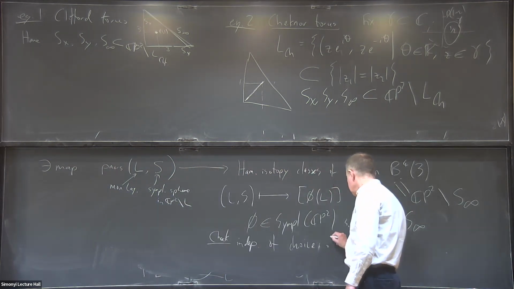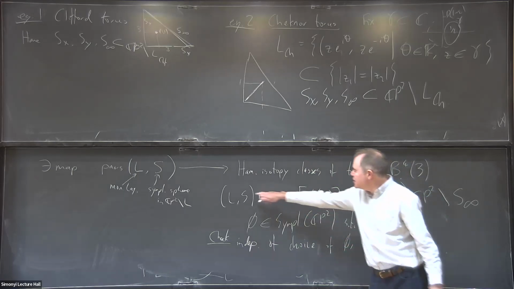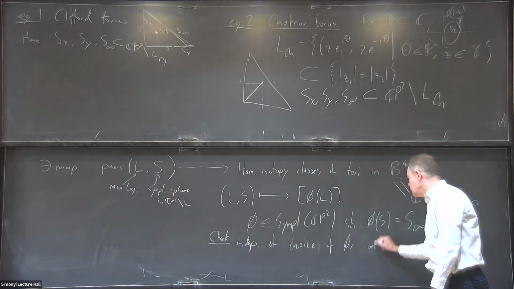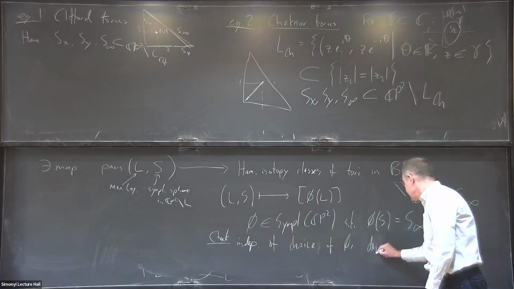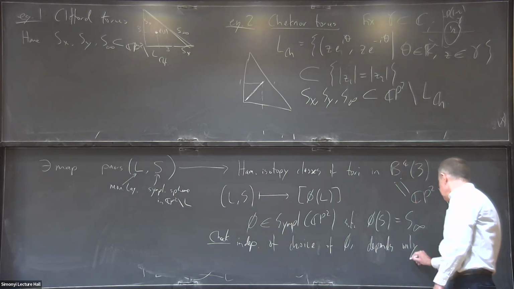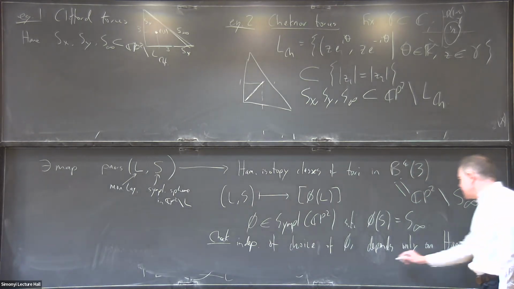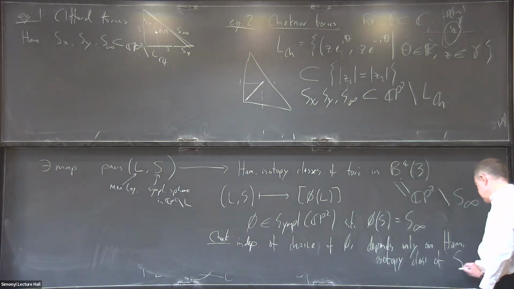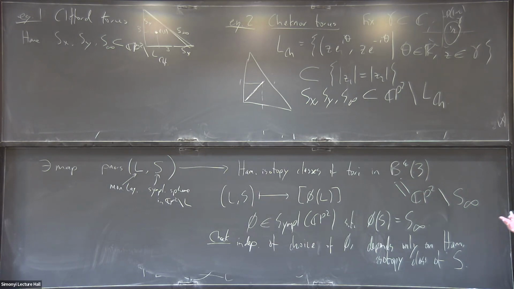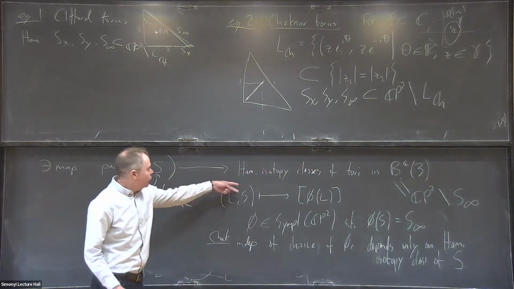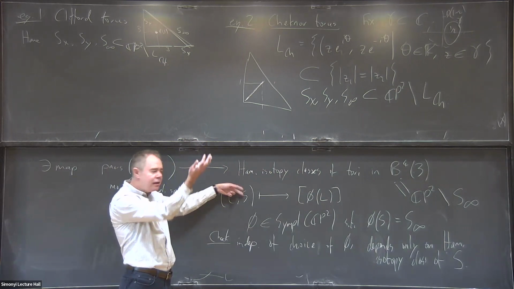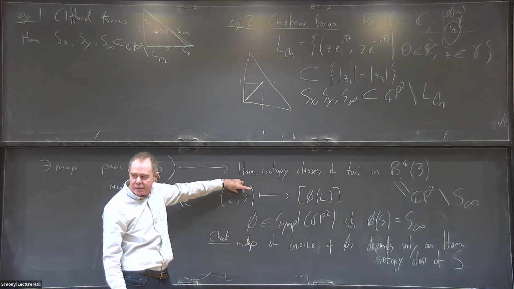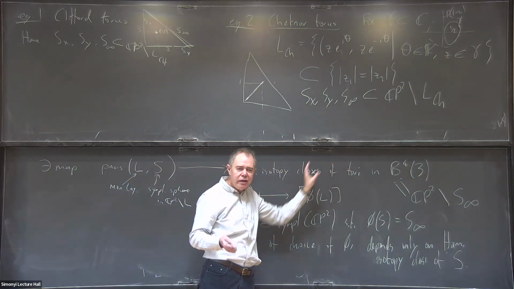But maybe it does depend on S. It's going to depend only on the Hamiltonian isotopy class of S. So all I'm doing is taking a sphere in the complement, moving it to infinity, and then the Lagrangian is going to end up in the ball. But there are three choices of S, so in principle you get three Hamiltonian isotopy classes in the ball.